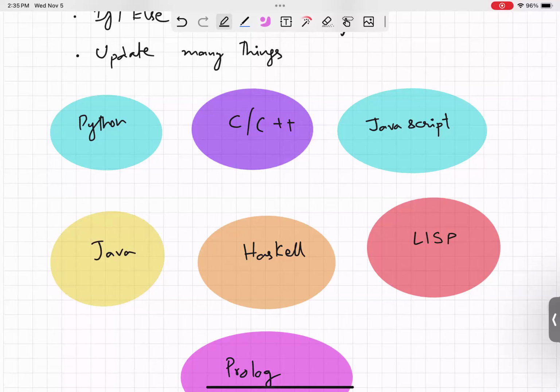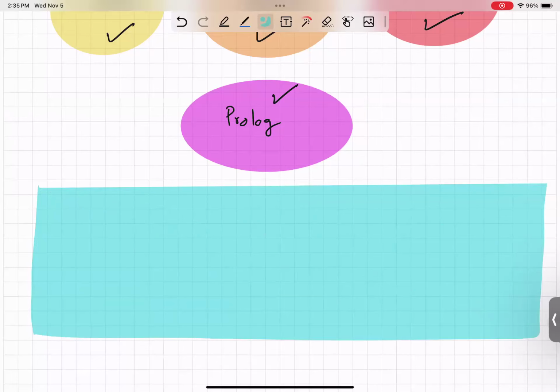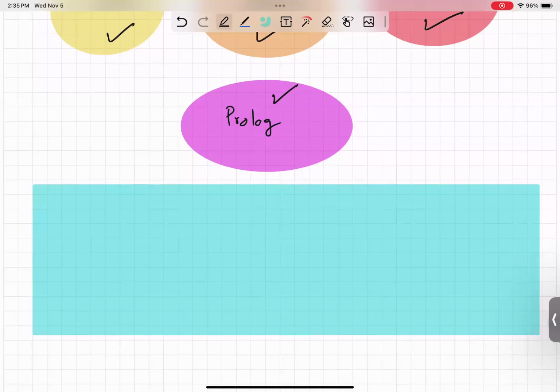Okay? But it turns out that Turing machines can do Python, can do C, C++, can do JavaScript, can do Java, can do Haskell, can do Lisp, can do Prolog, can do everything. Okay? And this is one of the most surprising theorems that we will state without any proof. Okay? And it's the following.